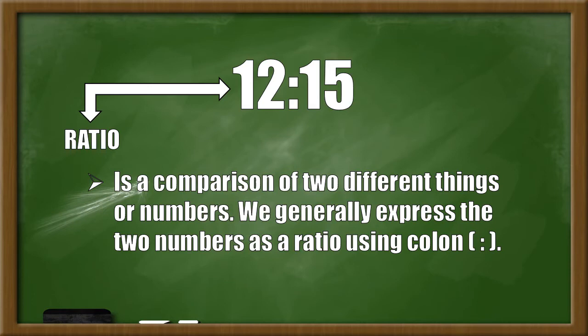At the same time, they are two. Another, male and female. They are different. Cat and dog. They are different. So, did you understand what is ratio?